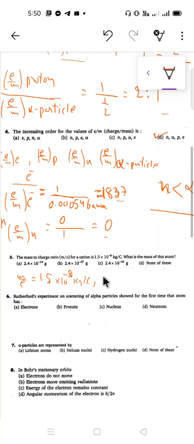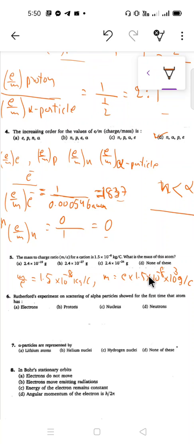You may write it like this: mass is equal to charge e into 1.5 into 10 to the power of minus 8. Kg means 10 to the power of 3 grams per coulomb.